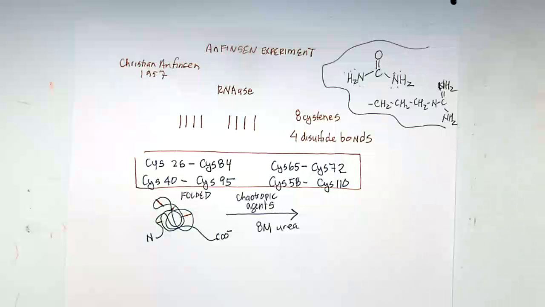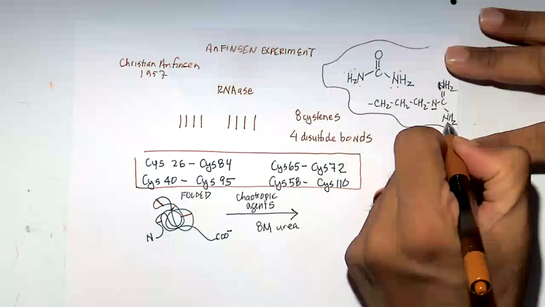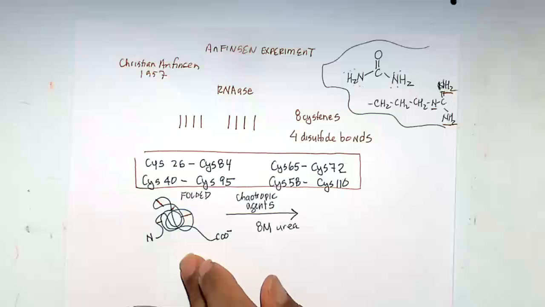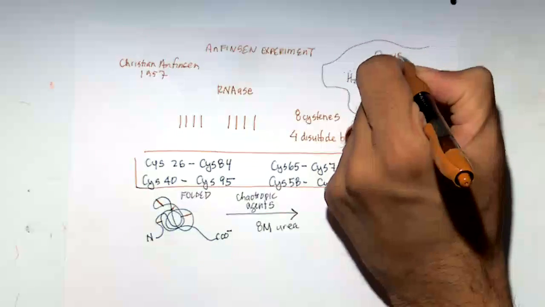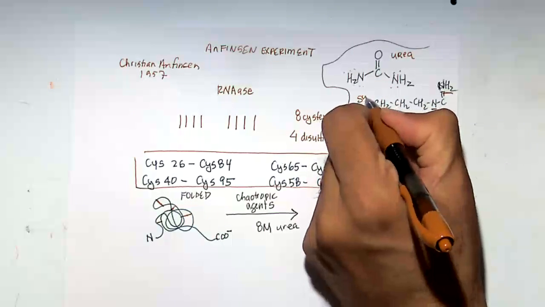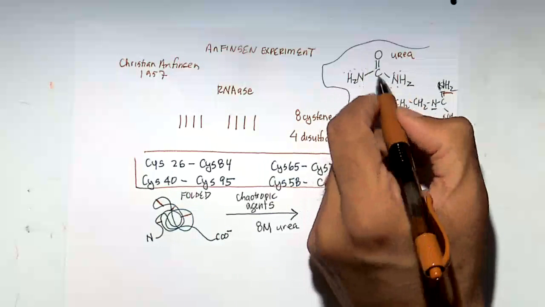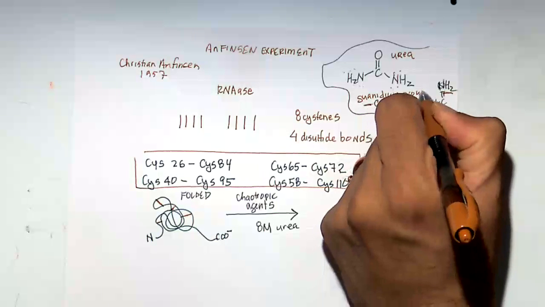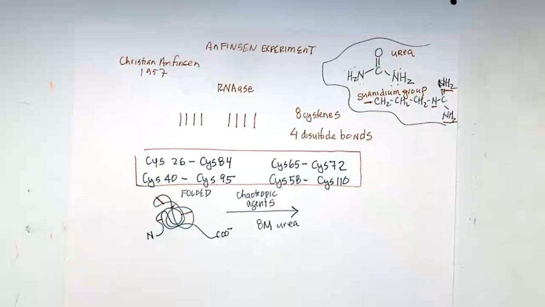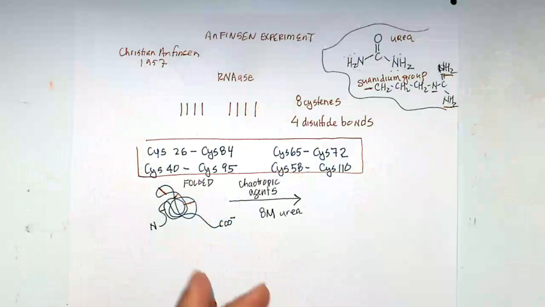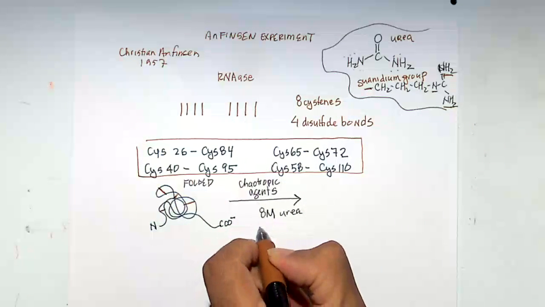All these basically cause hydrogen bonding partners to occur which disrupt this three-dimensional structure. So a chaotropic agent he added was urea. There's a lot of them. Another one is the guanidinium group, which is the side chain of the amino acid arginine. So that denatures the protein, because of the hydrogen bonding donors and acceptors here.